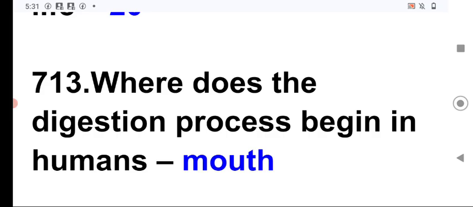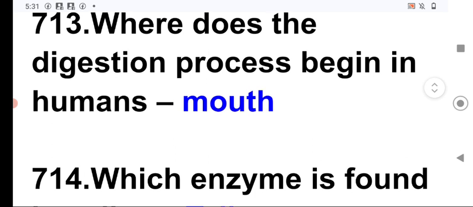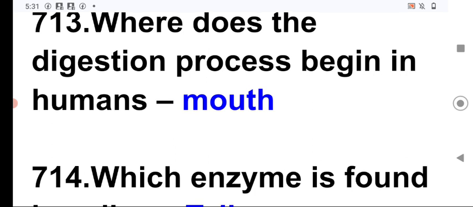We can say the digestion of carbohydrate begins in the mouth, in the presence of saliva which contains the enzyme ptyalin, and ptyalin digests the starch.